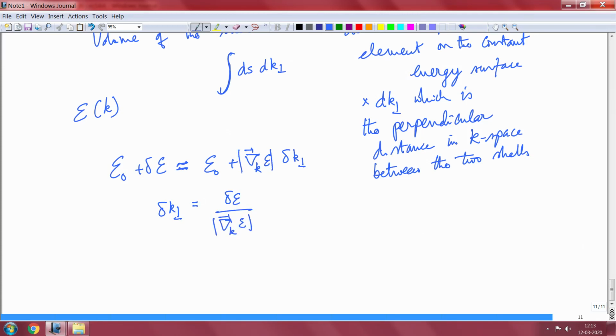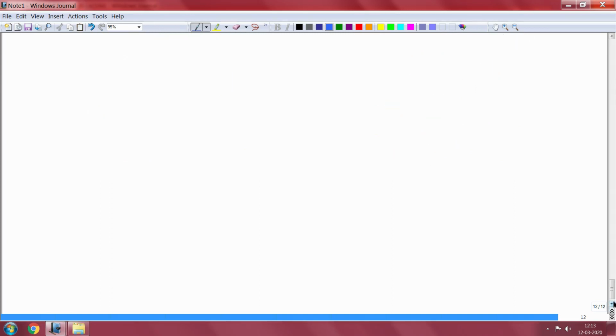So, this is actually modulus grad k E, and it is a perpendicular distance because the gradient of a function is always perpendicular to the family of surfaces on which the function is a constant. Okay. This is something that you can see in vector calculus.